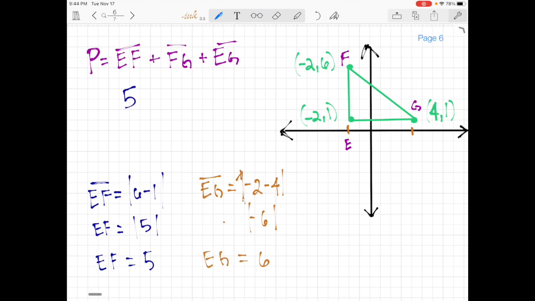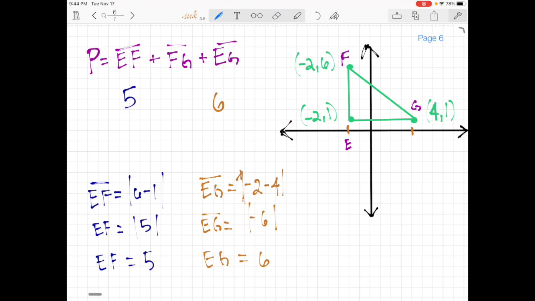So EG is equal to 6. I'll just plug a 6 in there. And I can also count and just say 1, 2, 3, 4, 5, 6. Just count it out.